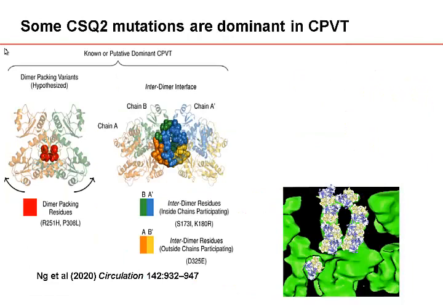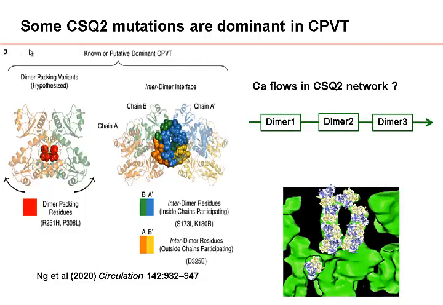It is well known that many mutations of CSQ2 induce catecholaminergic polymorphic ventricular tachycardia, or CPVT. Recent reports have shown that some of the CPVT-inducing CSQ2 mutations exhibit dominant genetics. It is hypothesized that calcium may flow among CSQ2 molecules such that a mixture of wild-type and mutant molecules will block the conductivity of the whole network.